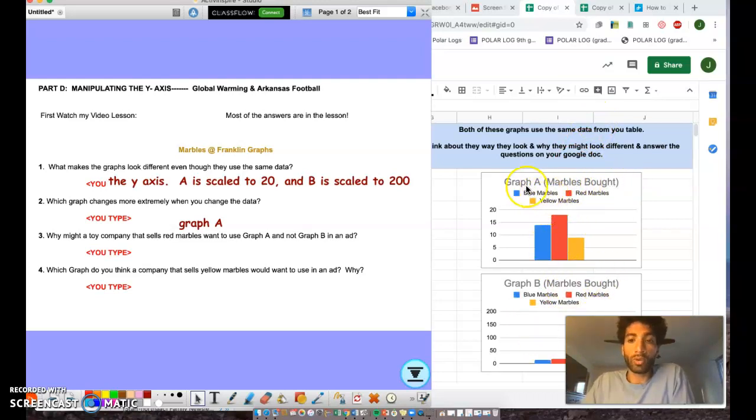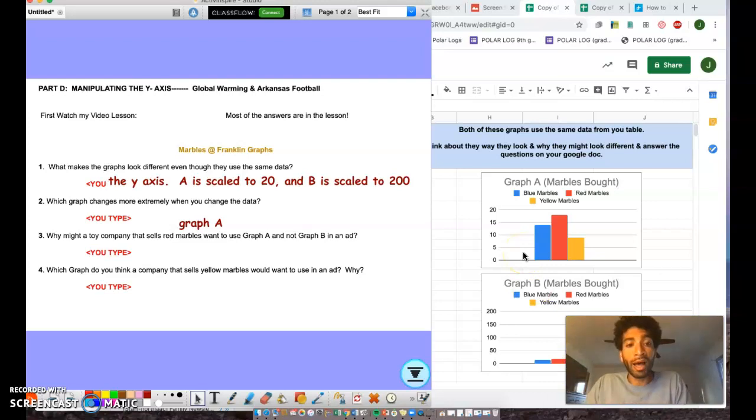Well, let's look. Graph A looks like red marbles are pretty popular compared to blue marbles and really popular compared to yellow marbles. Graph B looks like not much difference between red and blue, and maybe a big difference between red and yellow.